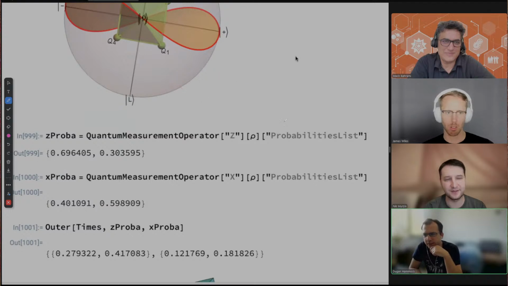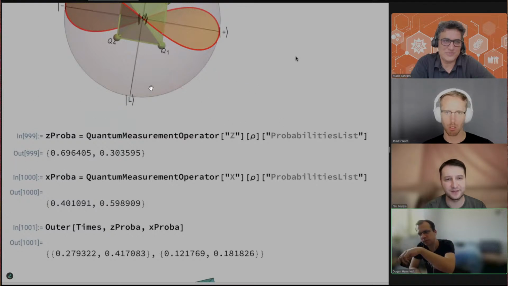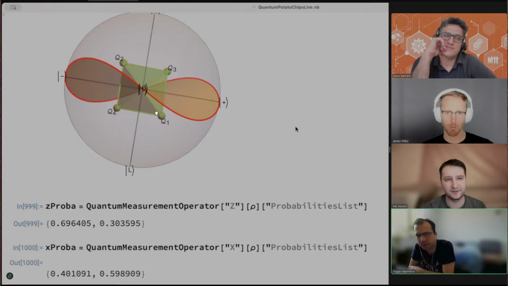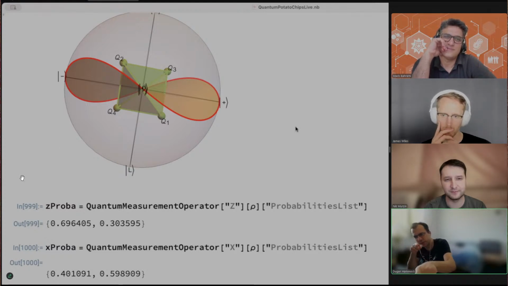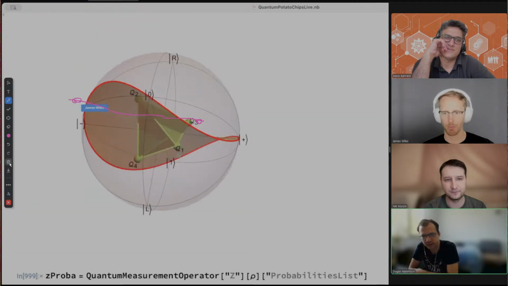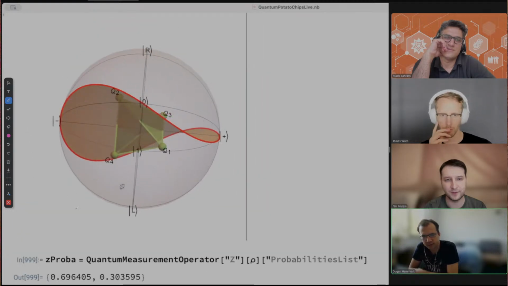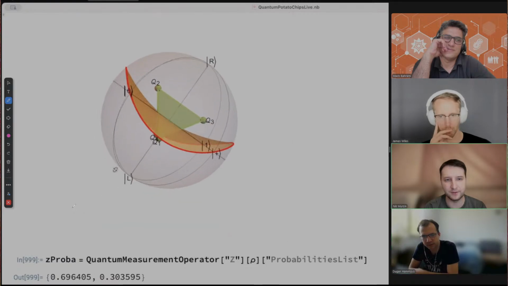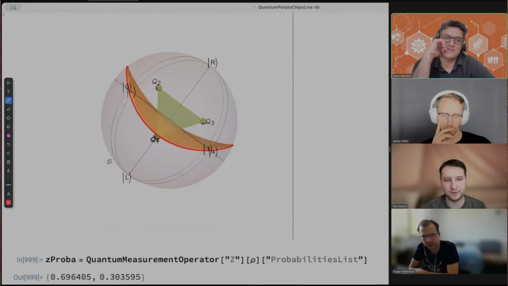So the peaks and the troughs of the red curve, if you look down Q1 through Q4, it should be in line with those red peaks. Oh, yeah, yeah. Something like that. Peaks, I mean. Yeah. Mhm.